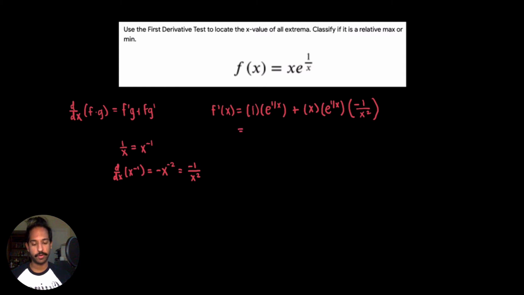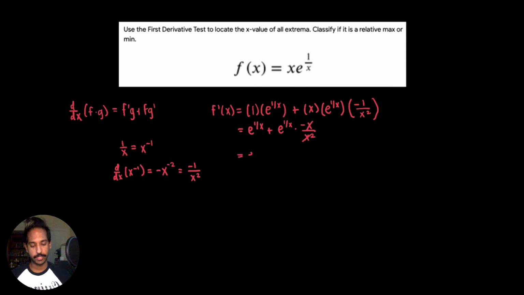Alright, we get our derivative here. This is just e to the power of 1 over x, plus, alright, this e to the power of 1 over x here, times that x, I'm going to put in the numerator here, negative x over x squared. I can rewrite this here, negative x over x squared, as negative 1 over x if I just cancel one of the x's out here.